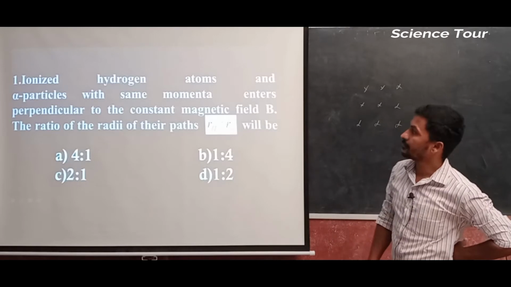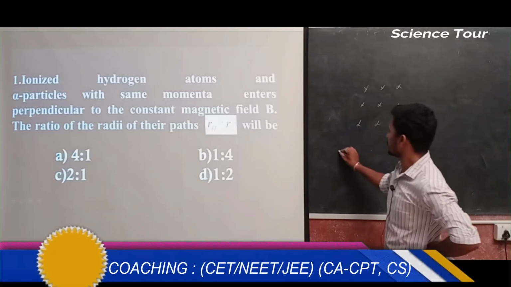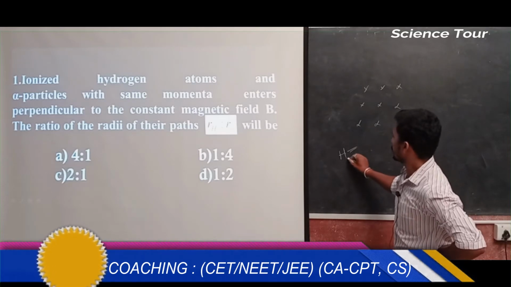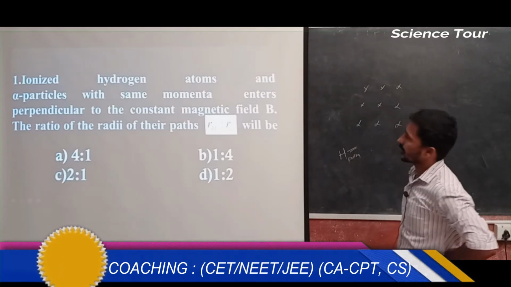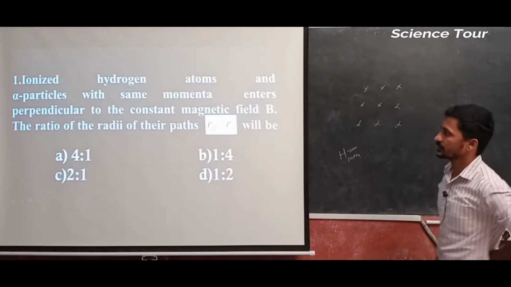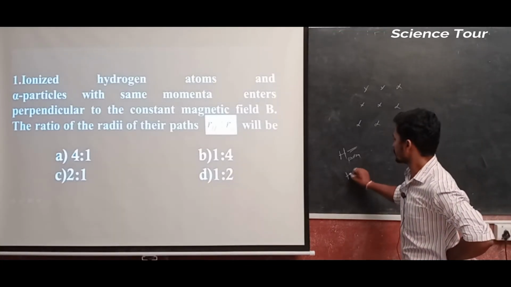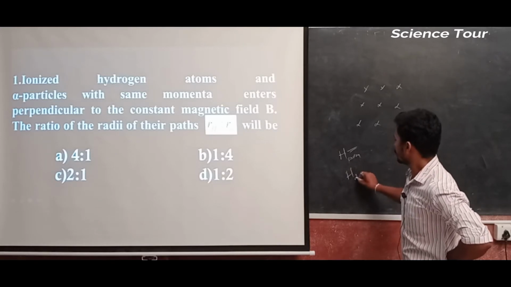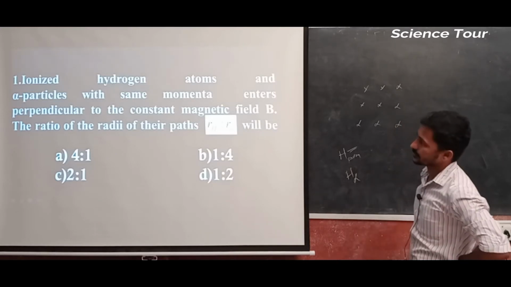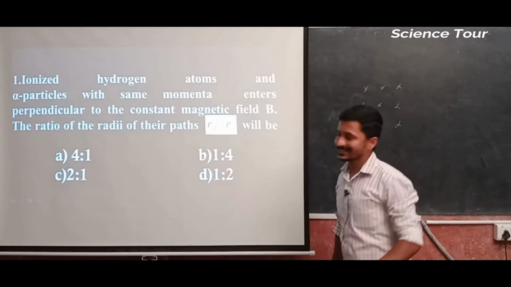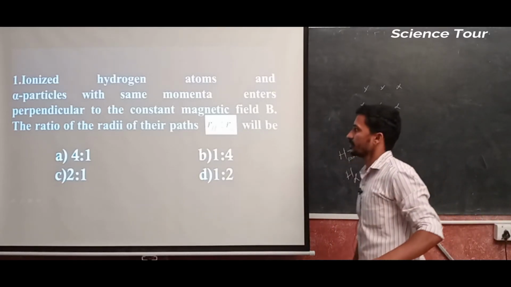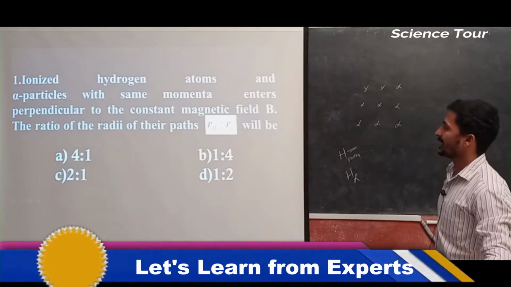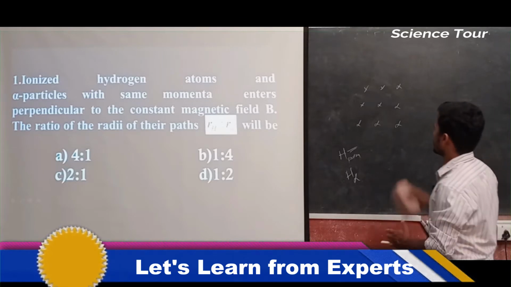An ionized hydrogen atom means it only has a proton. An alpha particle means 2 protons and 2 neutrons. With the same momenta they enter perpendicular to the constant magnetic field B. The ratio of the radii of their paths, R_H and R_alpha, you have to find out.